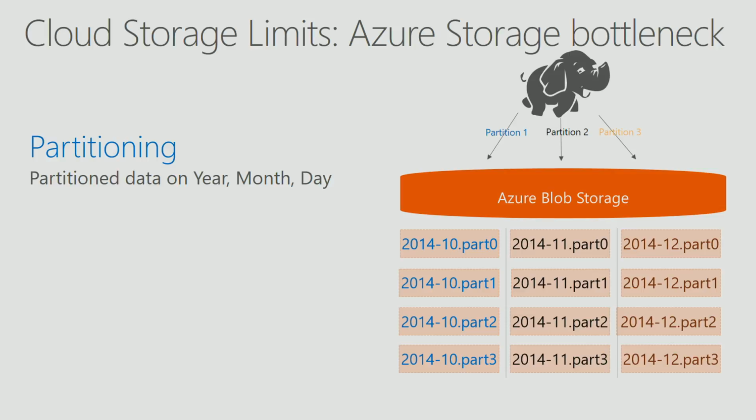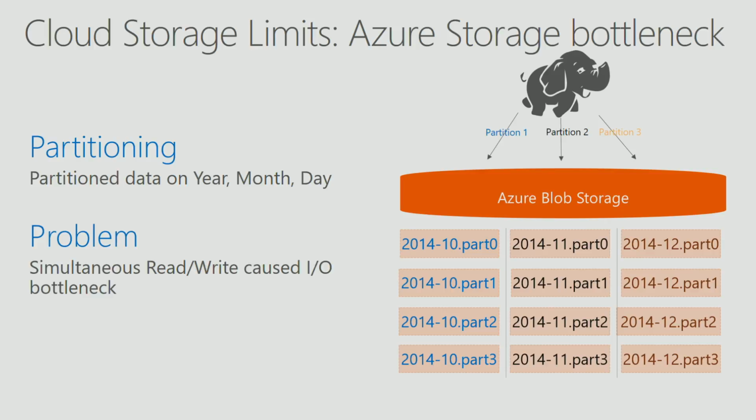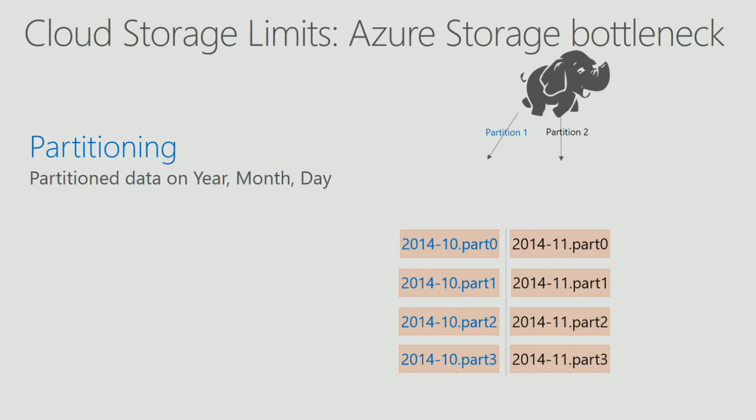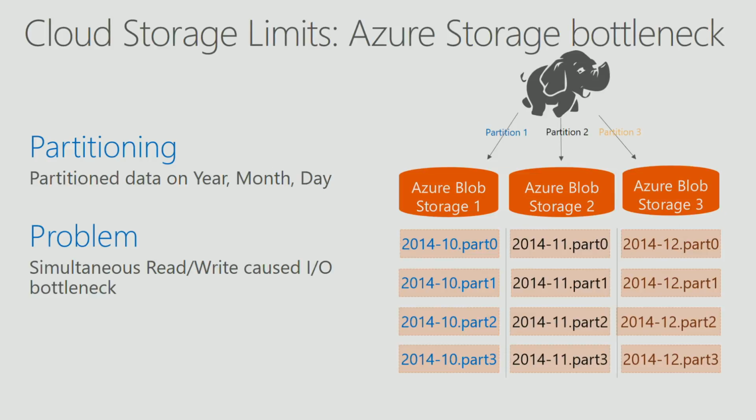But for a minute, let's say you like that. You're like our partner, and you're willing to do it. So they tried that, and what ended up happening is they created 3 storage accounts. They put a particular partition in one storage, the second partition in storage account 2, the third partition in storage account 3. Even this wasn't fast enough. Can someone tell me why this wasn't fast enough?